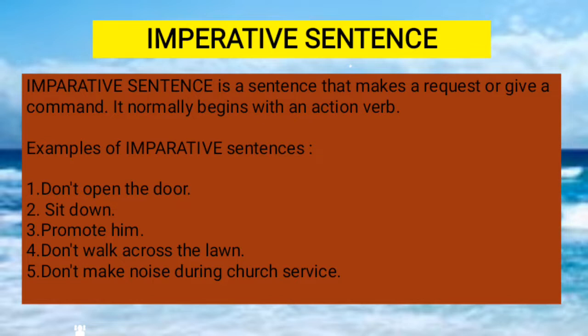Don't open the door. 2. Sit down. 3. Promote him. 4. Don't walk across the lawn. 5. Don't make noise during church service. You can see that all the examples being given make a request or give a command.